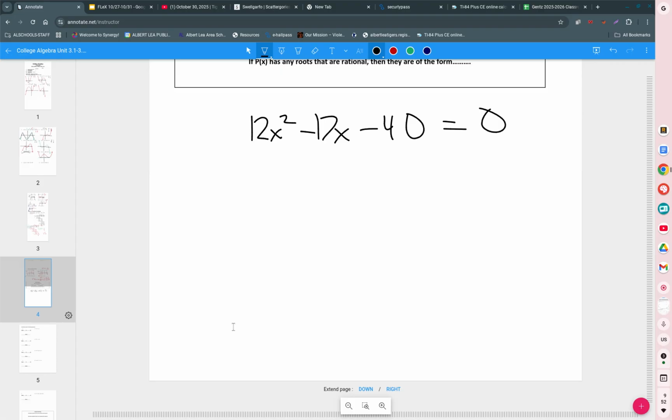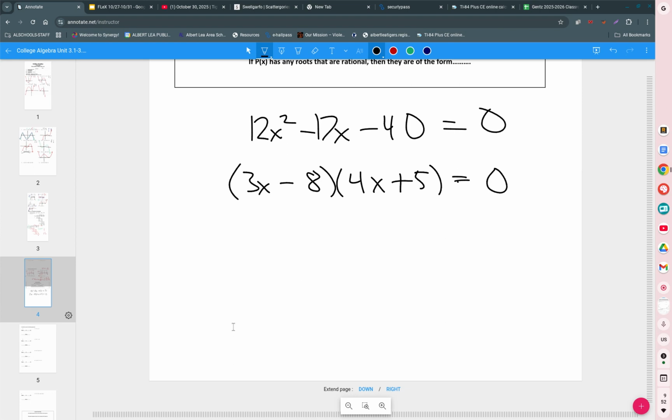I've factored it already, and I created the problem over there, it factors to 3x minus 8 and 4x plus 5. Everybody convince themselves by looking at that that that's the correct factoring? Then what I want you to notice is this.